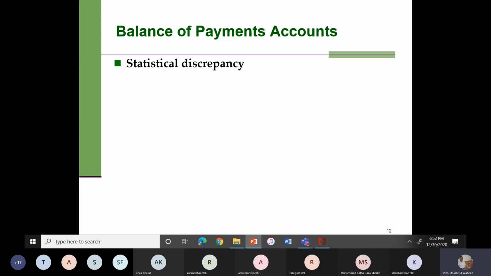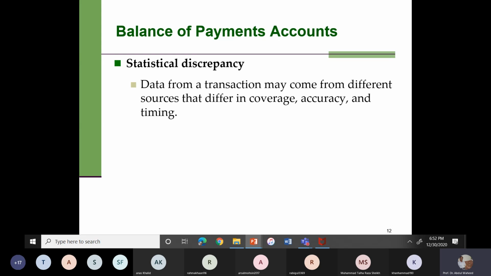There will be a statistical discrepancy because data is coming from transactions, and there could be differences in coverage, accuracy, and timing. That is why there is always a statistical discrepancy in the balance of payment account, because the balance of payments always balances. If we sum the current, capital and financial accounts, this must come to zero. If it is not balanced, then we have to make it balance by introducing a statistical discrepancy.